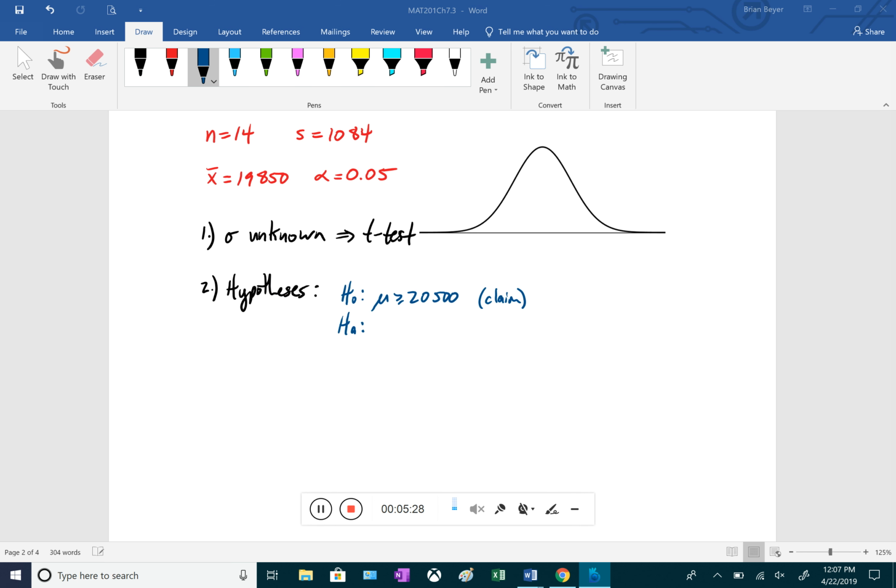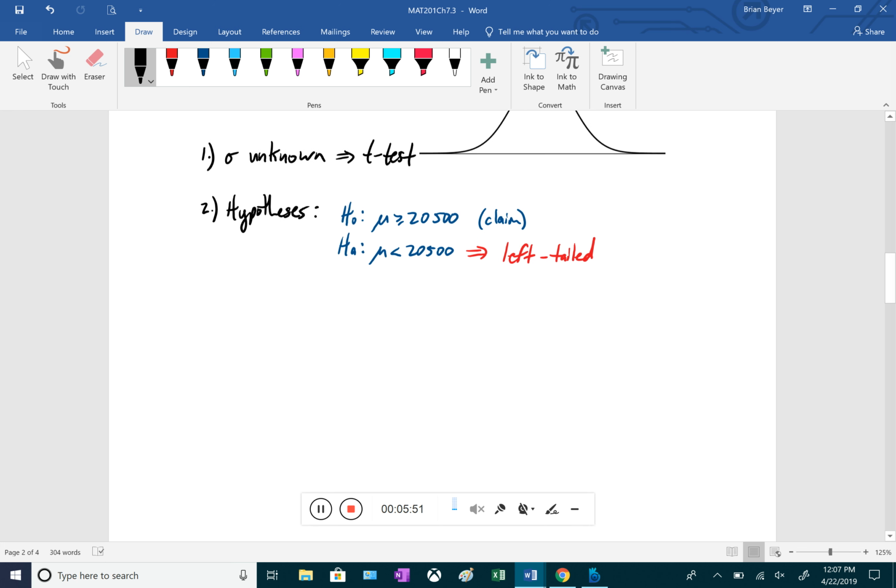The alternative is going to be the opposite of that, so instead of greater than or equal to, it is just less than. Automatically, I'm going to say this is a left-tailed test because the alternative says less than. That means we're going to be shading in an area to the left. So we have to find the t-value now.